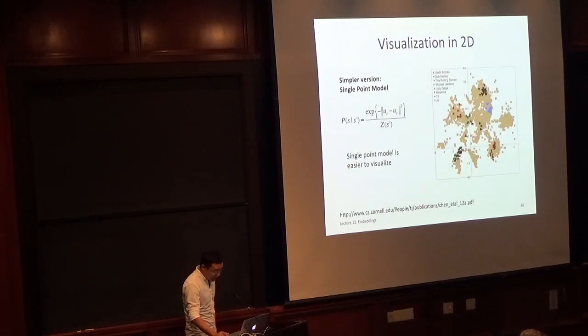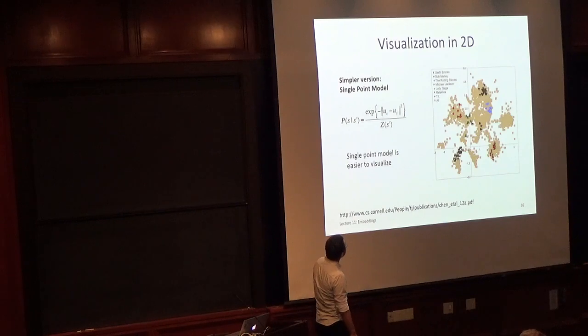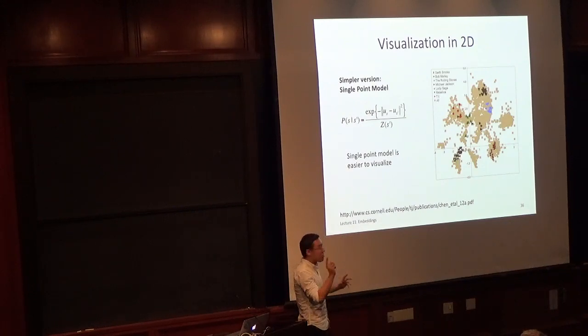And then you can visualize the embedding, right? So here is a 2D visualization of the embedding. This was trained on Last.fm? No, I forget. If you're interested in the details, you can read this paper. I believe this is trained on the Last.fm data set. Don't quote me on that.